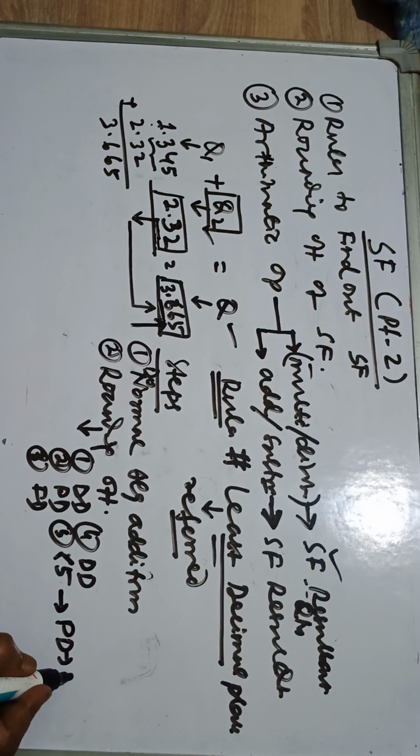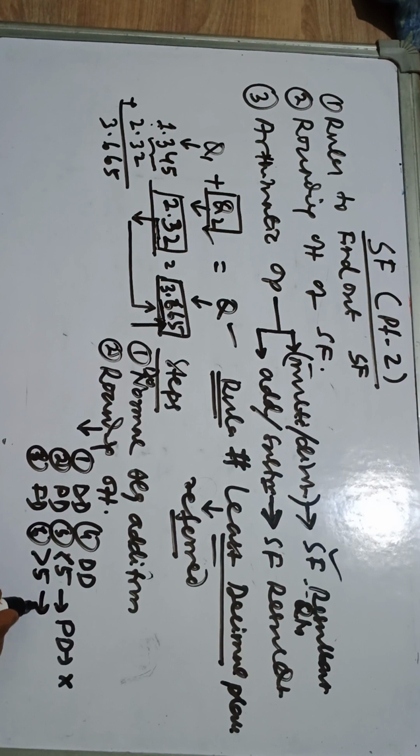If DD is greater than 5, PD will be increased by 1. And if it is equal to 5, what will we do?